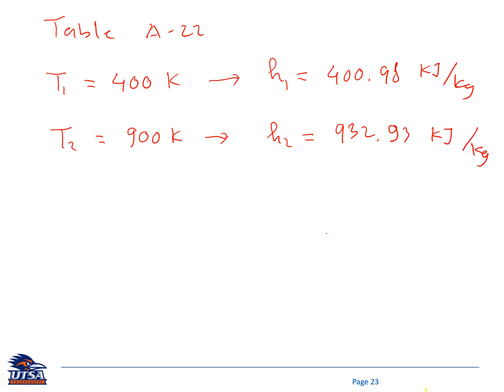Once you have h1 and h2, you can calculate delta h equal to h2 minus h1. Using your calculator, you will get 531.95 kilojoule per kilogram. I think it's pretty close.